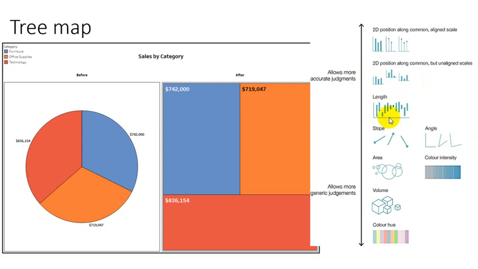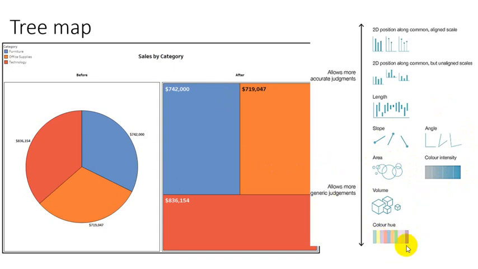Length is less easy for us. This is like when you have an inconsistent baseline. We can still decode length, and we can see the differences between them, but it takes a lot more cognitive work. Slope and angle, areas of circles and rectangles, volumes even harder, and color intensity, like how light or dark colors are.